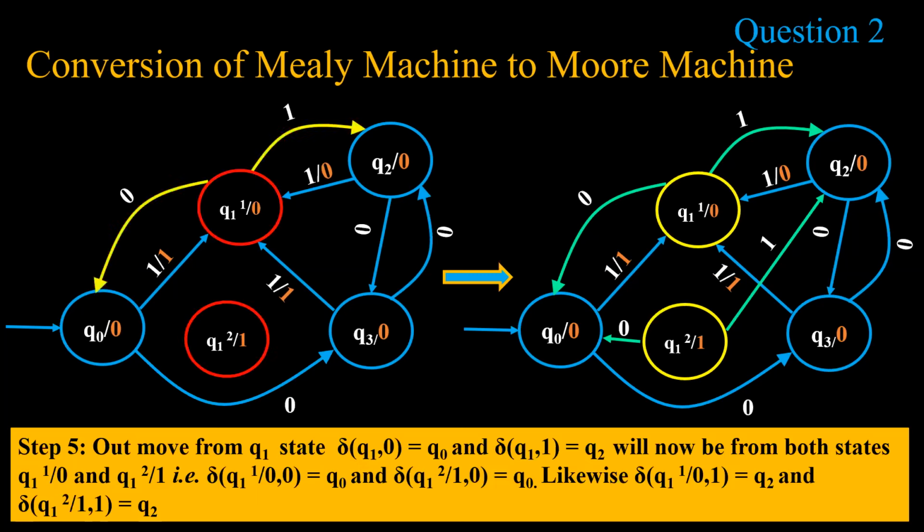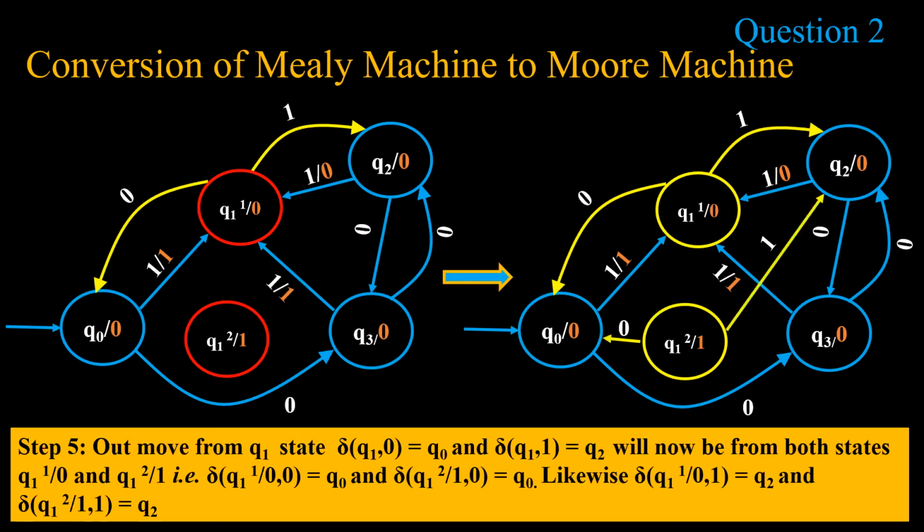These out moves will go from both the new states also. So corresponding to Q1_1, we have two out moves, one from Q1_1 to Q0 on 0, another from Q1_1 to Q2 on 1. Q1_2 will also have two out moves, one from Q1_2 to Q0 on 0, another from Q1_2 to Q2 on 1. So we have completed the out moves.